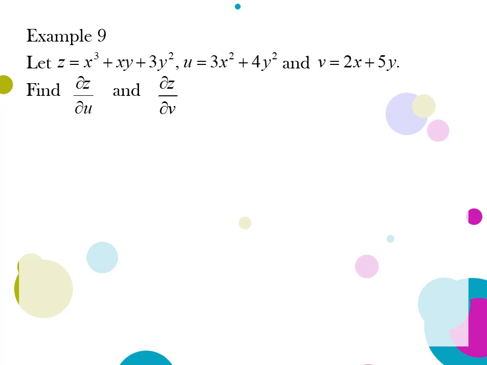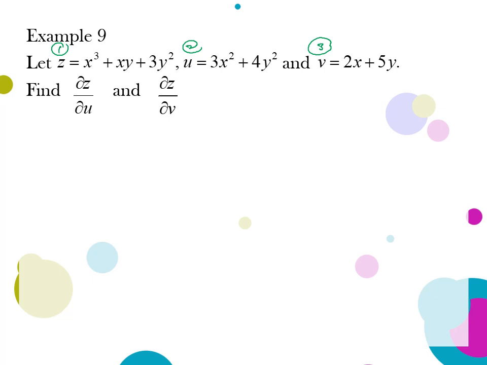Okay, for the next example, it will be a little bit more complicated, because you will be dealing with 3 functions. The first one is z. So you have 1, 2, 3.